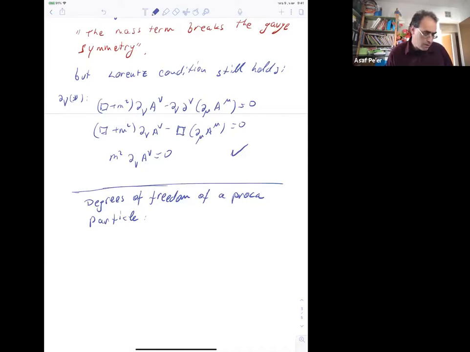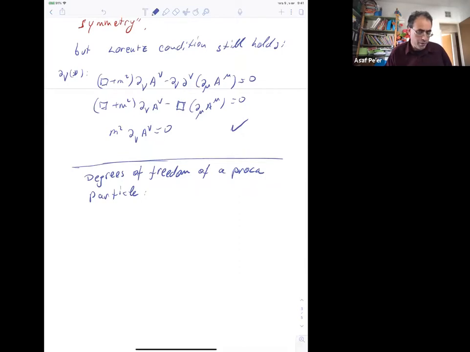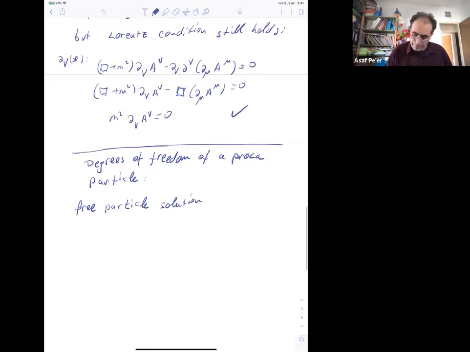So we search for a free particle solution of the form A^nu is a epsilon^nu e^(-i p_mu x^mu).